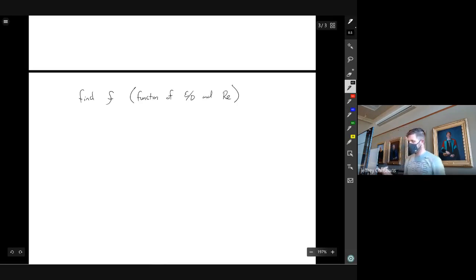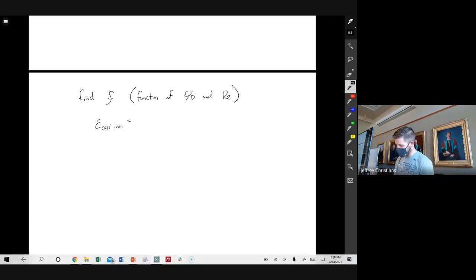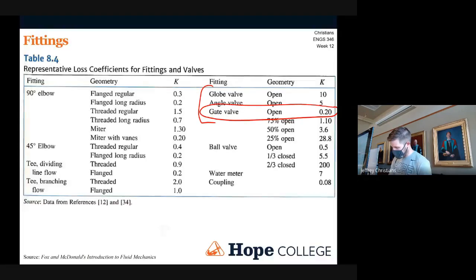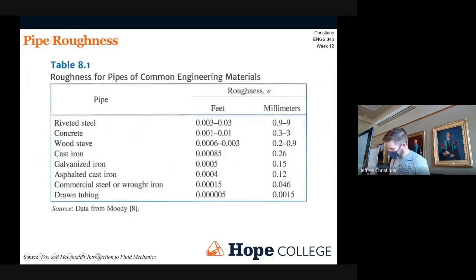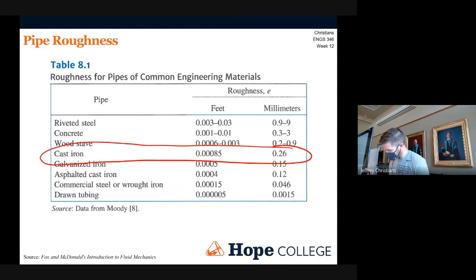It's a function of the relative roughness and the Reynolds number. So we'll look up the relative roughness of cast iron, which is our pipe material. If we look that up, there's cast iron.